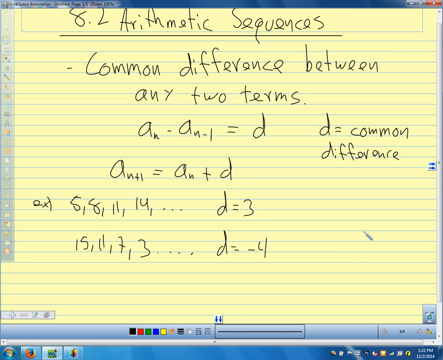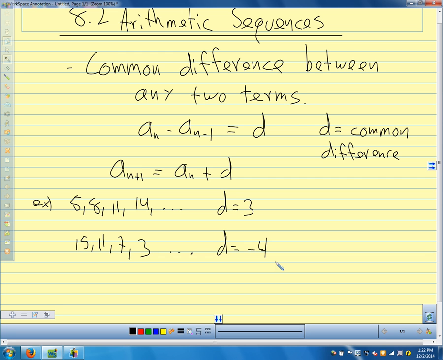So the pattern is very simple with arithmetic sequences. One nice thing about having a simple pattern is it lets us figure out some more things about this sequence. One nice thing that we like to figure out is, can we find a formula for any term in the sequence?